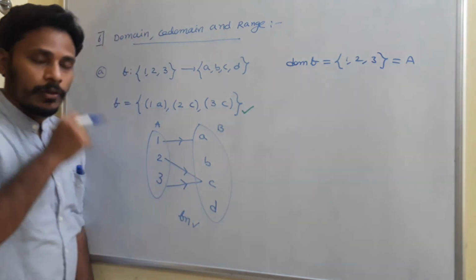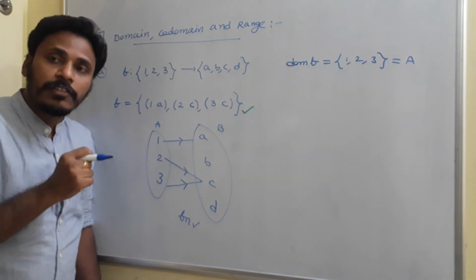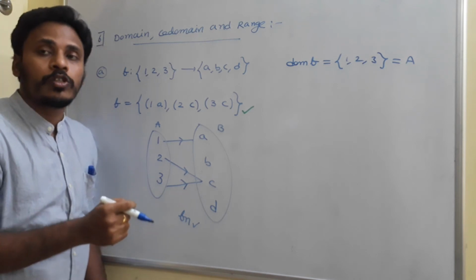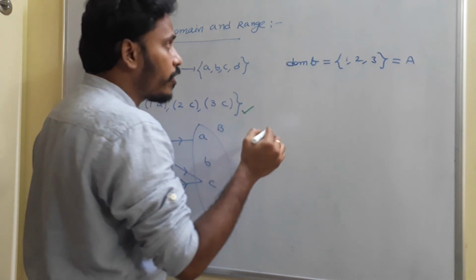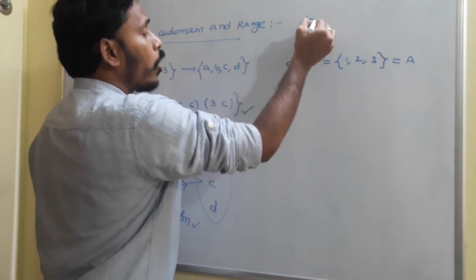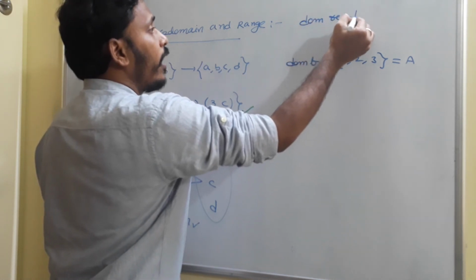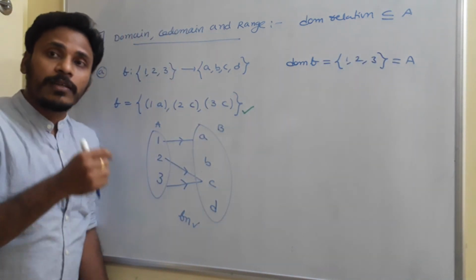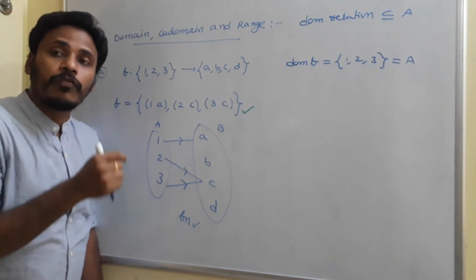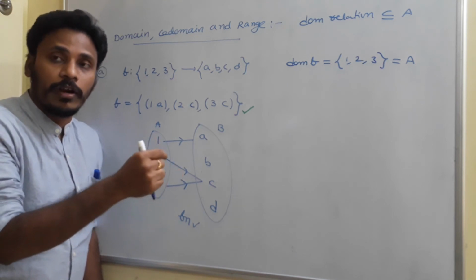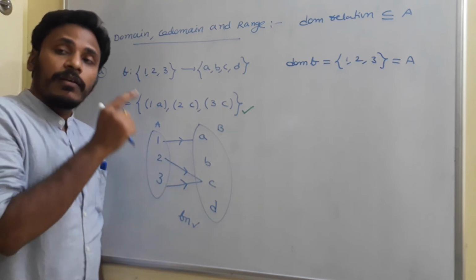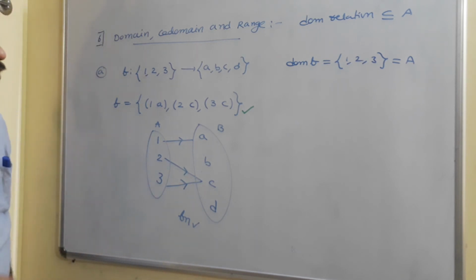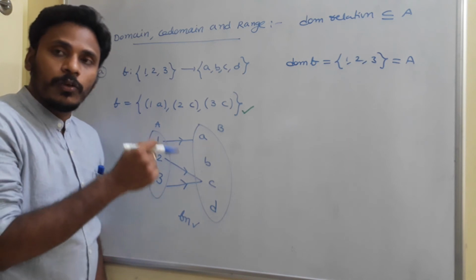Once again, I am repeating: if f is a function, for sure the domain of f is directly equal to the first set. Whereas if f is just a relation, the domain is just a subset of the first set. Why? Because there are some chances where some elements of the first set are not related, and that's why in the case of relations the domain is a subset of the first set. Whereas in the case of a function, the domain is always equal to the first set.